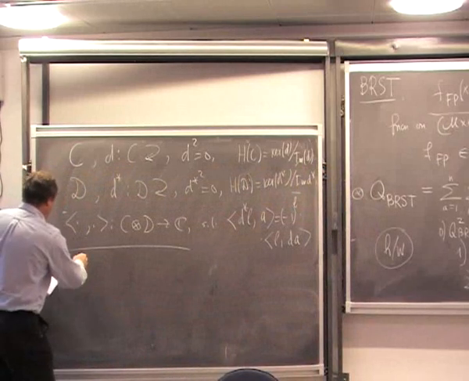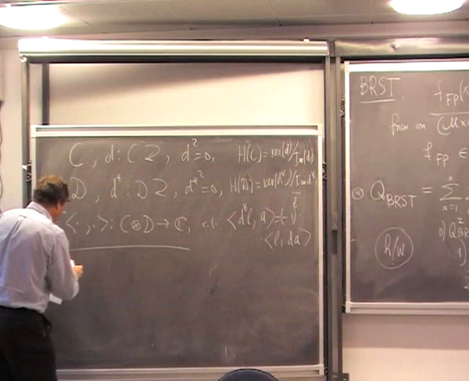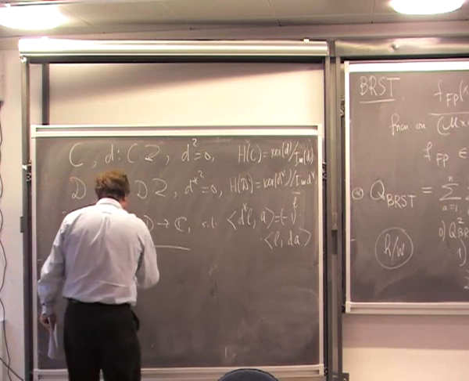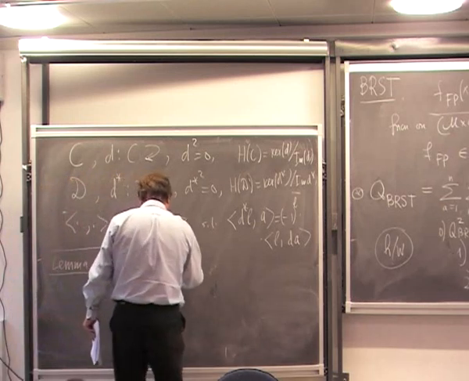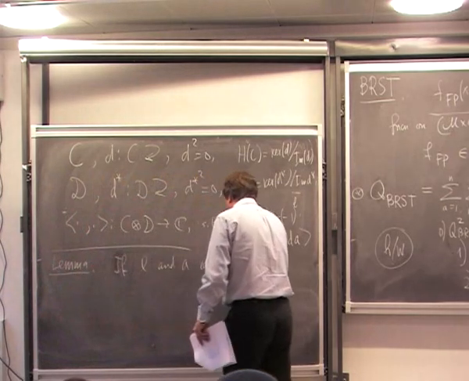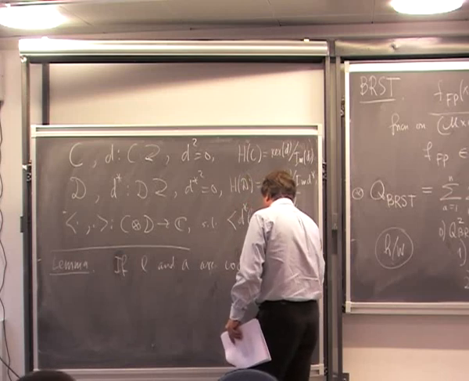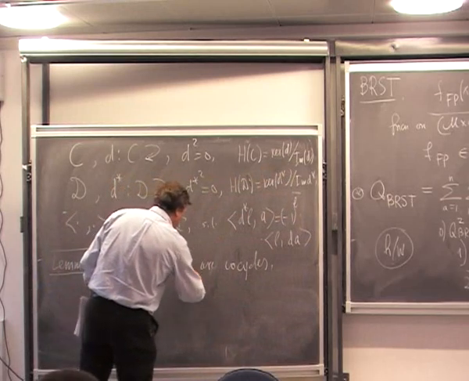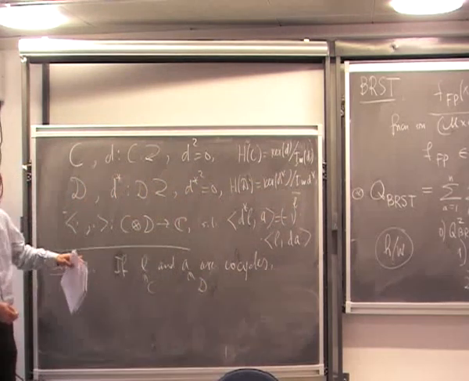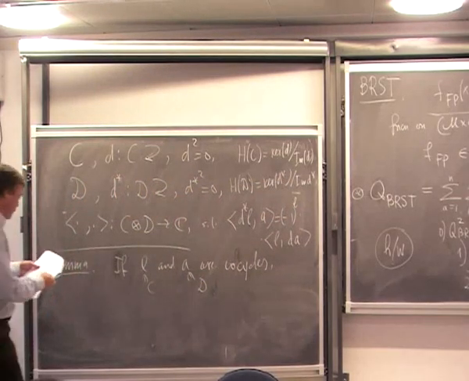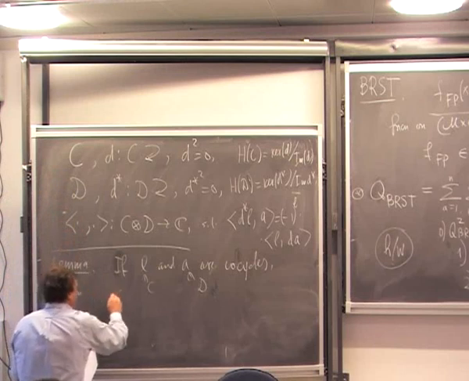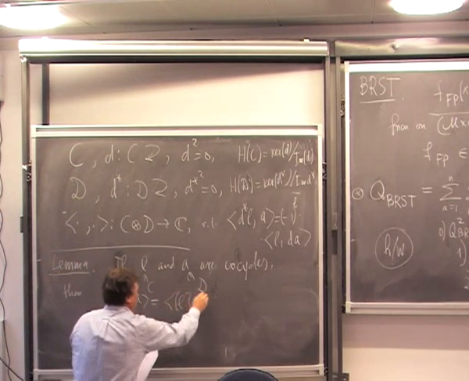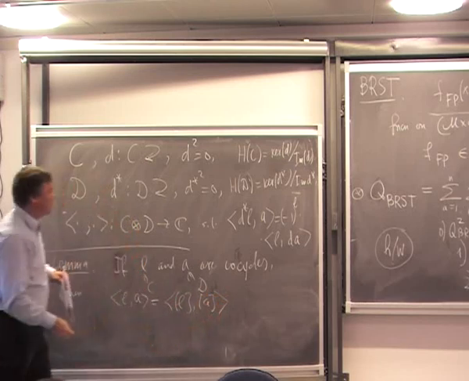The small linear algebra lemma is that if L and A are cocycles, so L is in C, A is in D, one is a cocycle with respect to d, the other is a cocycle with respect to d bar, then the pairing between them will be equal to the pairing between the cohomology classes.